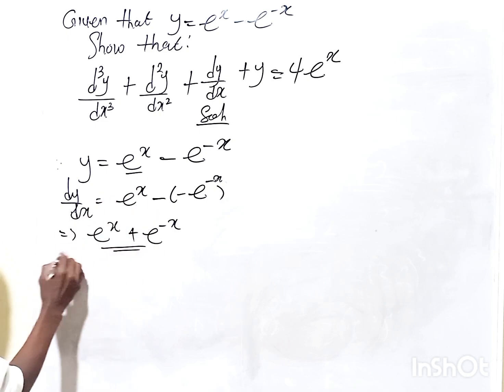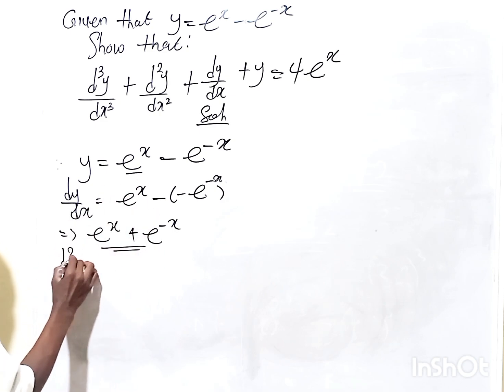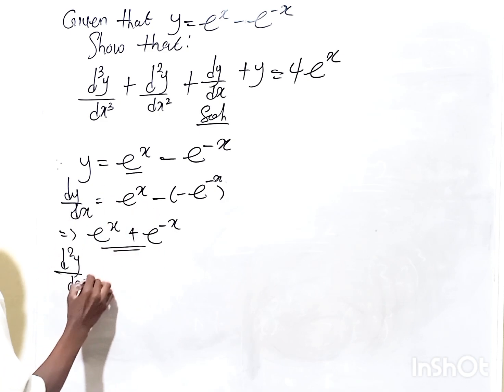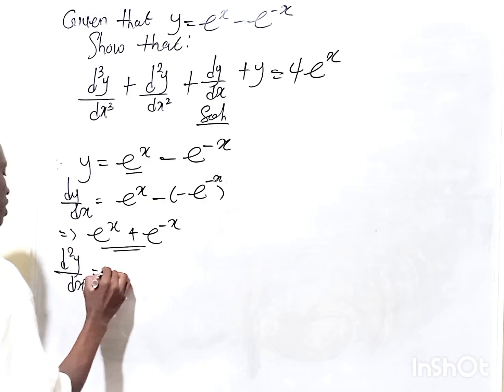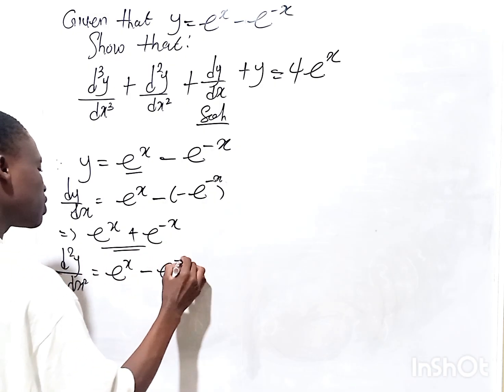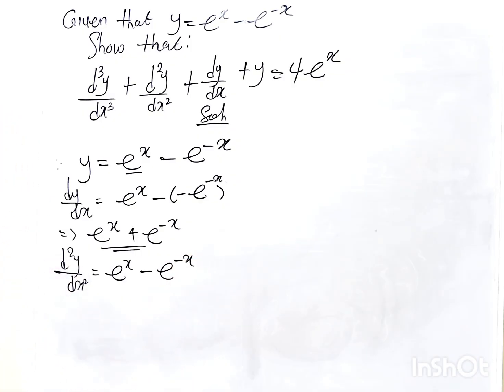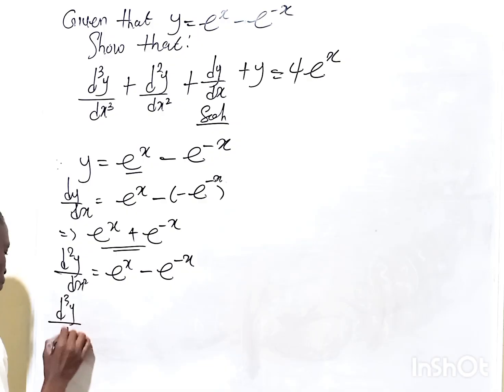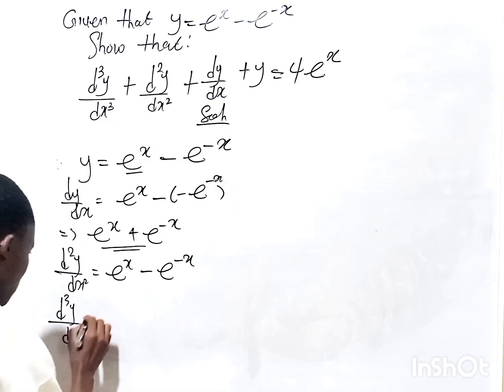Now the next one, to find our d2y over dx squared, if we differentiate this, this is exponential x. If we differentiate this, we have negative exponential negative x. All right, so from here, let's find our d cube y over dx cube.